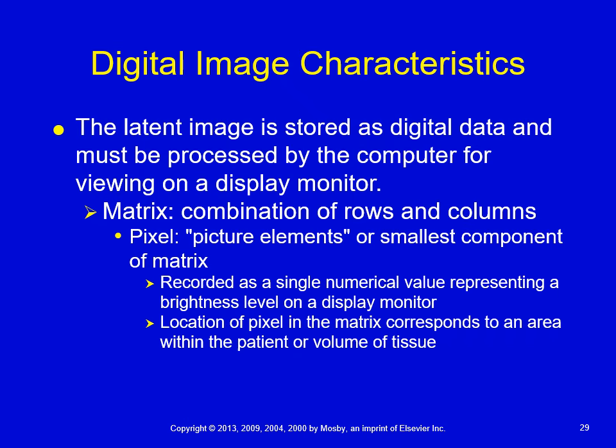The computer will take those numbers and turn those values into different shades of gray so that we can see that final finished image. What I want you to take away is that the smaller the pixels are, typically the more pixels you can fit in the matrix. And if you have more pixels in the matrix, then your image will probably be of higher quality, meaning it can have more detail.